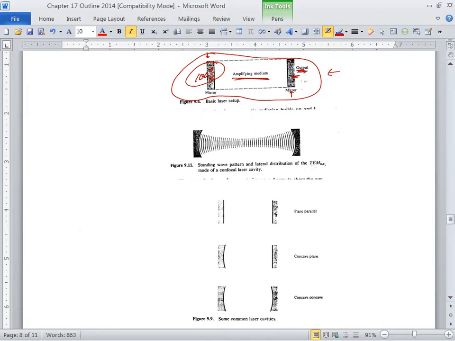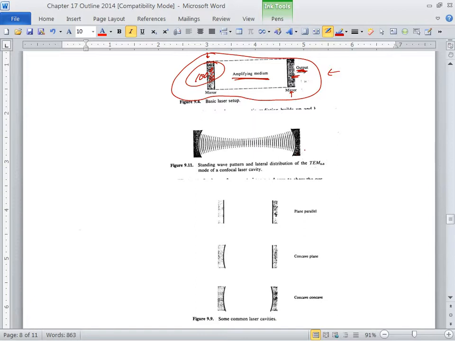So this is the most stable one. We call it the TEM00. Okay, and we'll see what it looks like. But this is inside the cavity. That's what the standing wave looks like. What do you think these lines are? What are they trying to represent? What does light consist of?